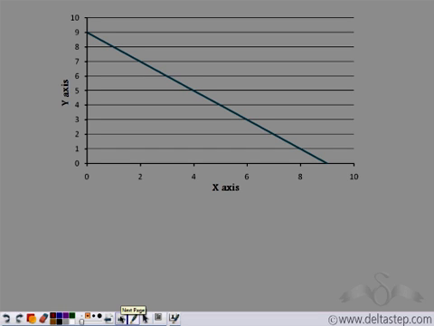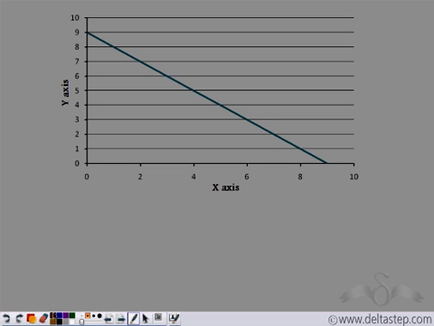Now what if I want to find out the slope of this graph? Let us try out. Again, we take 2 points. Now which points should I take? We take the points which make our calculations simplest.